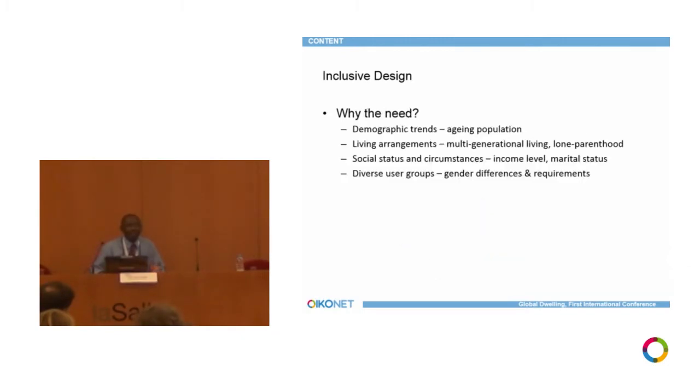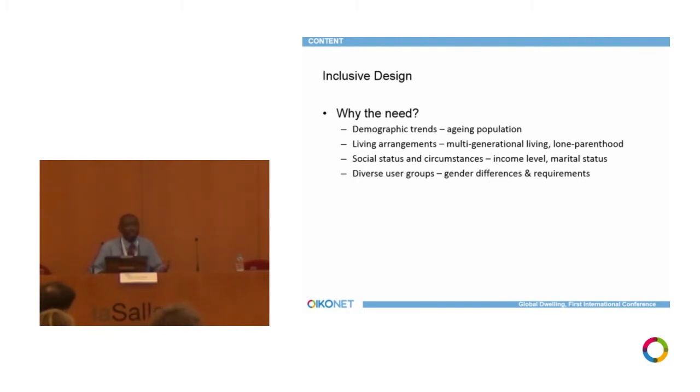The need, why we need inclusive design today, it varies. We have an aging population in Europe. Europe is aging. The median age in Europe is increasing. We have living arrangements today that are probably not existent or not as prevalent about 30 or 40 years ago.